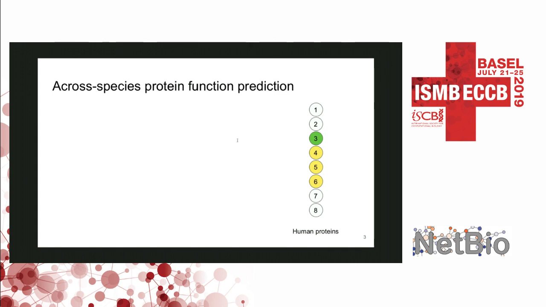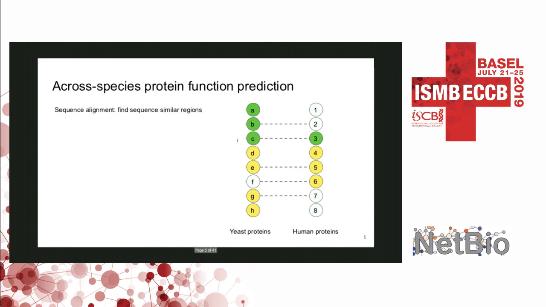So one way to get around this is we can transfer knowledge from said model species, such as yeast, to human. And one computational technique to do so is sequence alignment. Given a bunch of yeast proteins and a bunch of human proteins, we compare all their sequences.